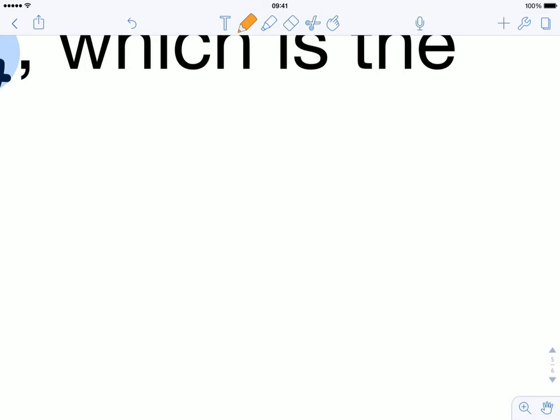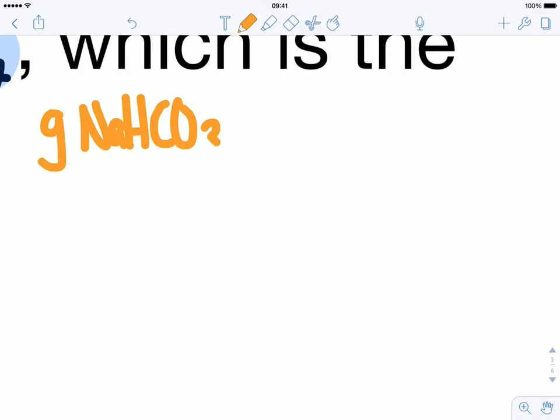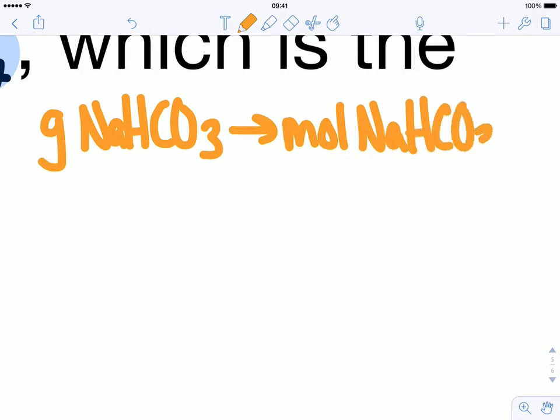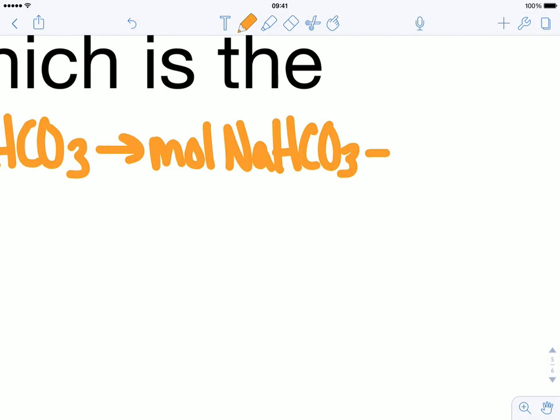So the first thing that I have to do is to convert grams of the sodium bicarbonate, which is NaHCO3, and I have to convert that to moles of NaHCO3. Then I have to convert that to moles of water because that is the product that I picked. But again, if you want to pick one of the other products, you can do that and you will get the same exact answer.